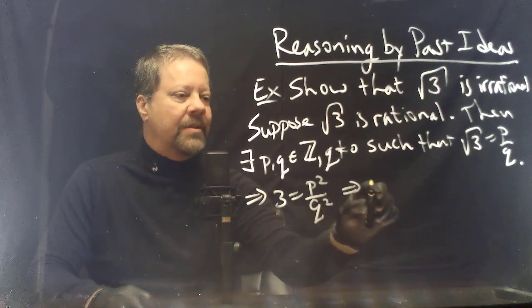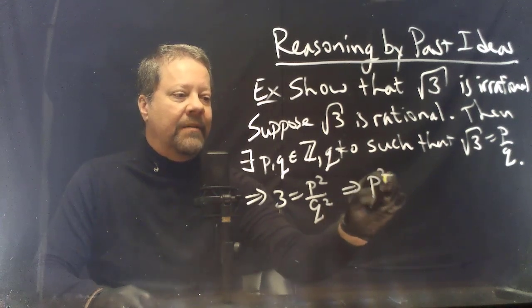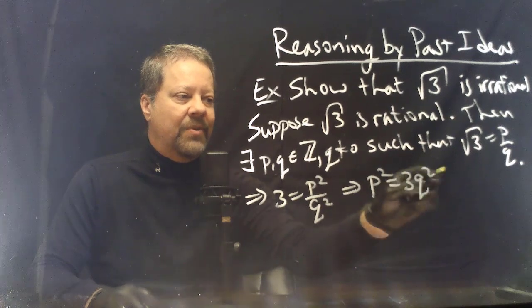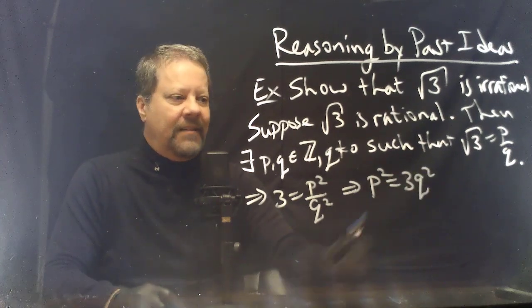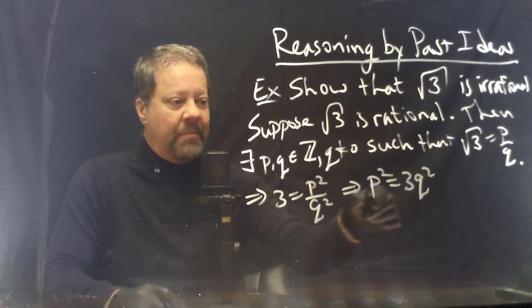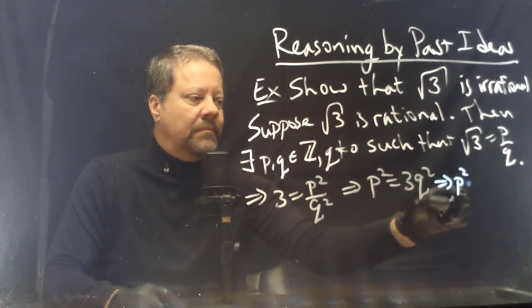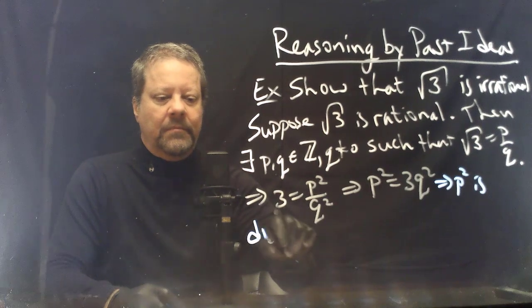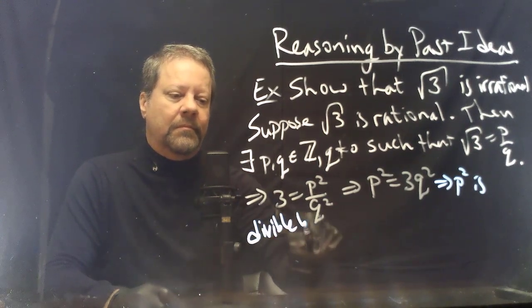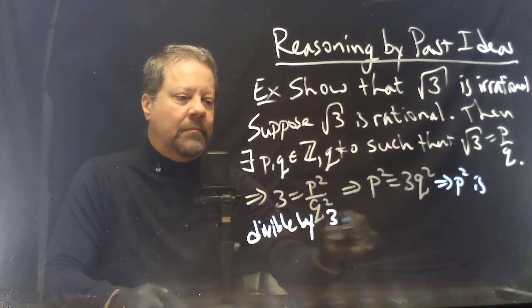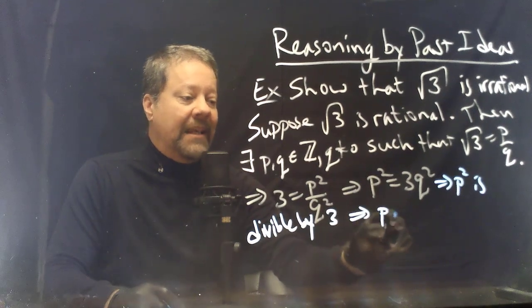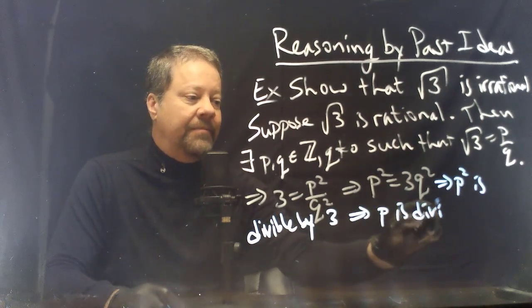Or in other words, p squared is 3 times q squared. This tells us that p squared is divisible by 3, and that implies p is divisible by 3.